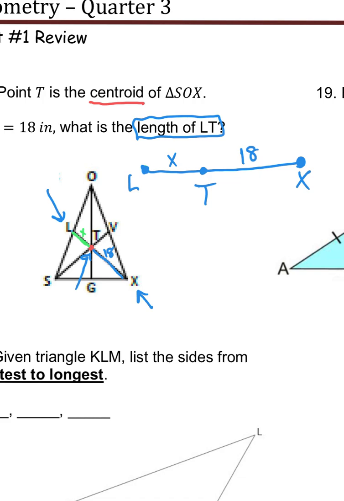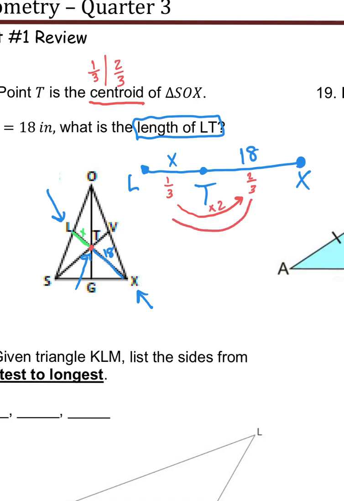Remember our centroids, we should be thinking 1/3, 2/3. From L to T, that's 1/3 of the whole, and from T to X, that's 2/3 of the whole. Well, remember, to get from 1/3 to 2/3, to get from here to here, is times 2.